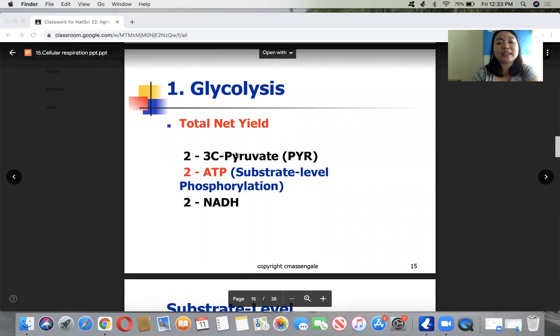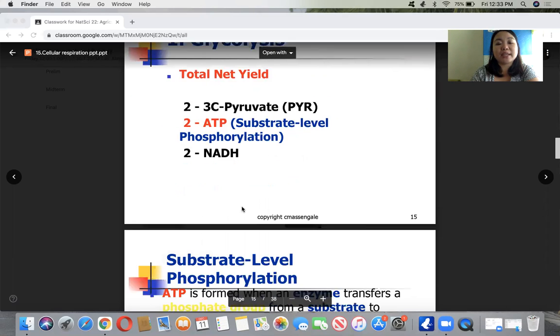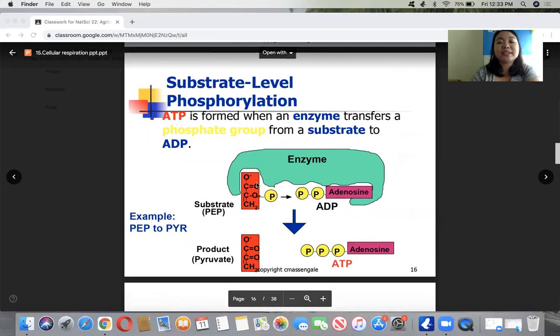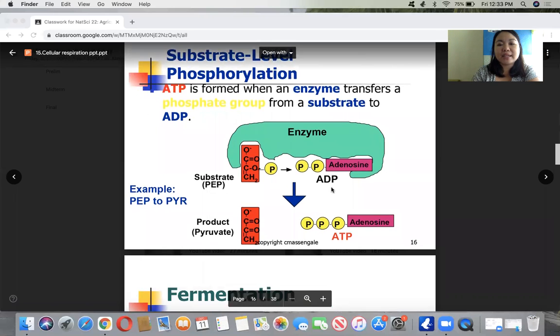And the total net yield during glycolysis is the 3 carbon pyruvate with a net of 2 ATP and 2 NADH. During substrate level phosphorylation, ATP is formed when an enzyme transfers the phosphate group from a substrate to ADP. This is shown here as an example from PEP to pyruvate, with the ADP and ATP formation.